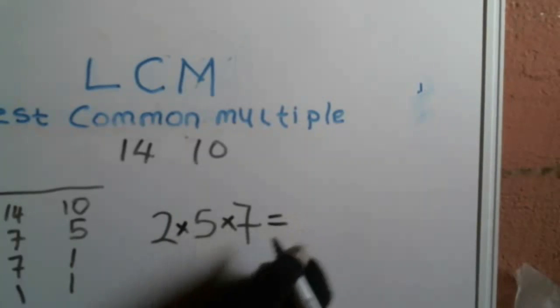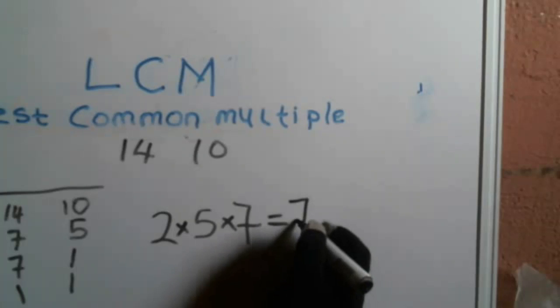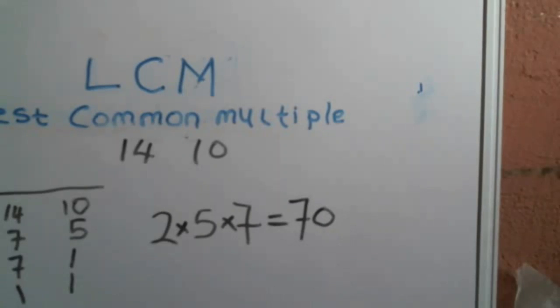So what's the answer? 2 times 5 is 10. 10 times 7 will give us 70. So there we have 70. So the LCM of 14 and 10 is 70.